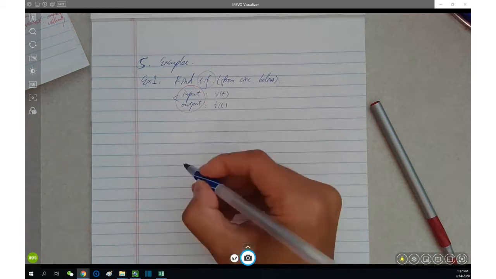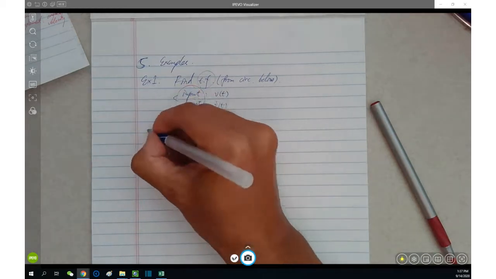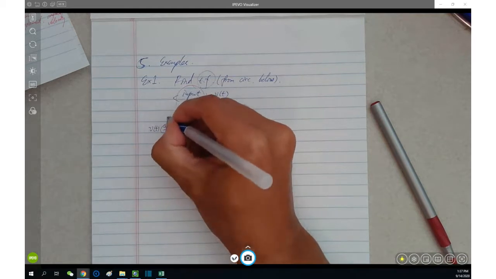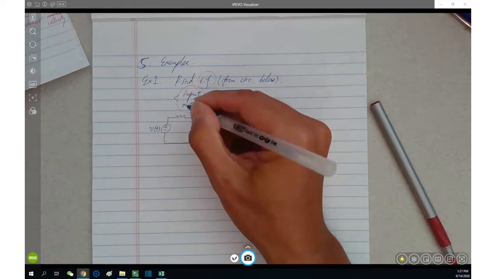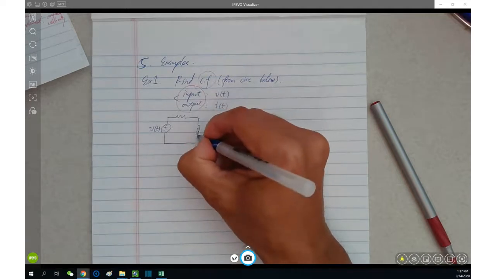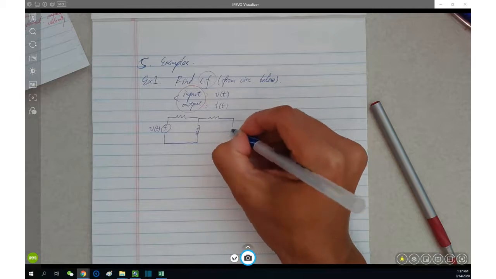The circuit is like this. V of t, input source voltage. One resistor, one inductor here, another resistor here, and one capacitor here.